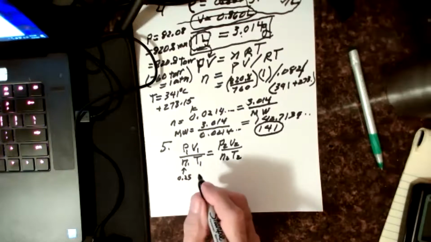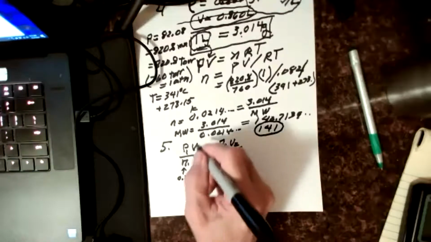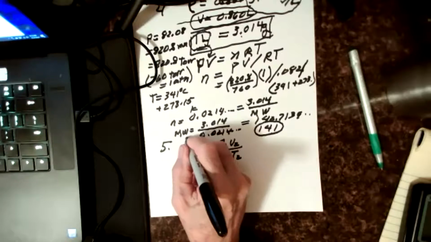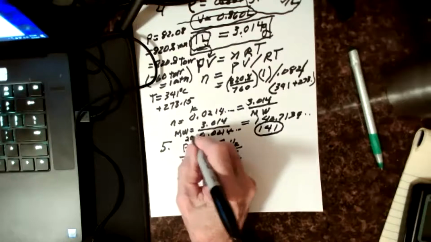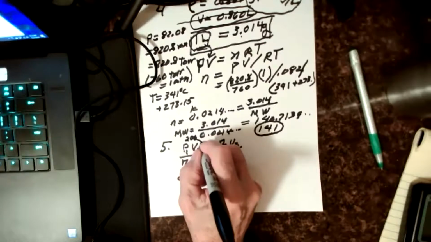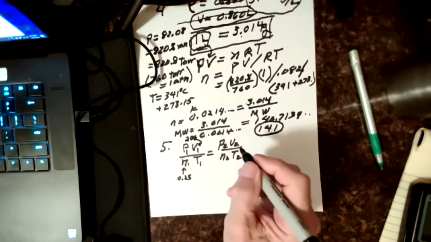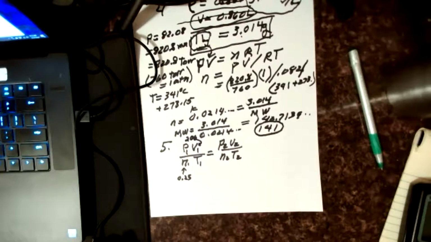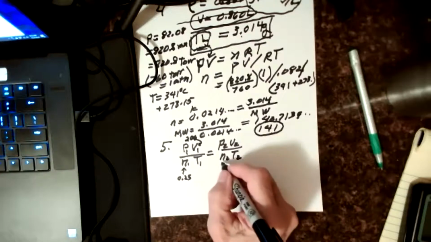Okay, now what else do we know? We know the initial volume. That initial volume is 206, and it's milliliters, so we'll just remember that. Now, we're going to add 1.25 moles of gas.